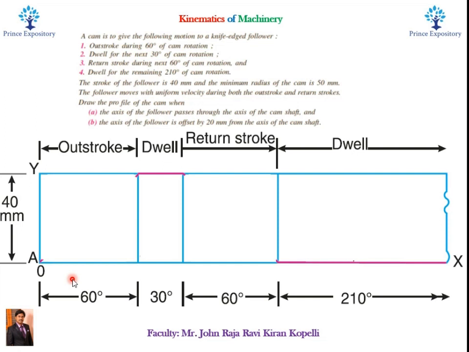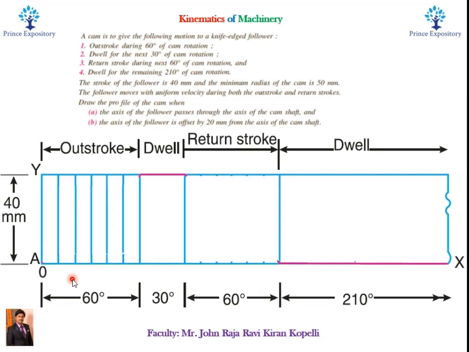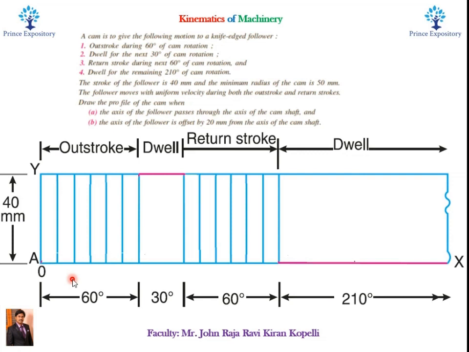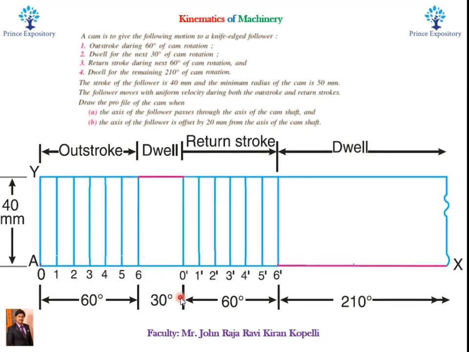So preferably 4 or 6. So in this video, I'm just considering 6 divisions of outstroke. And again, the return stroke is also divided into 6 divisions. So then we need to give the numbering of the divisions. You see 6 divisions of the outstroke and 6 divisions for the return stroke.